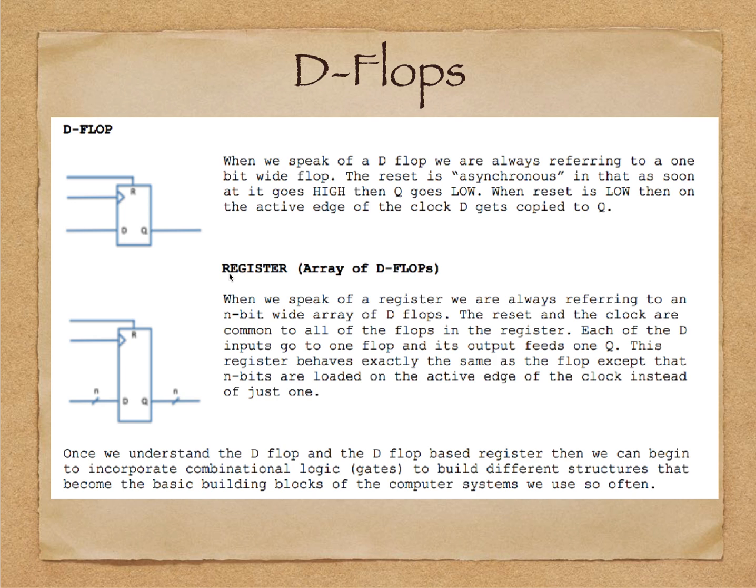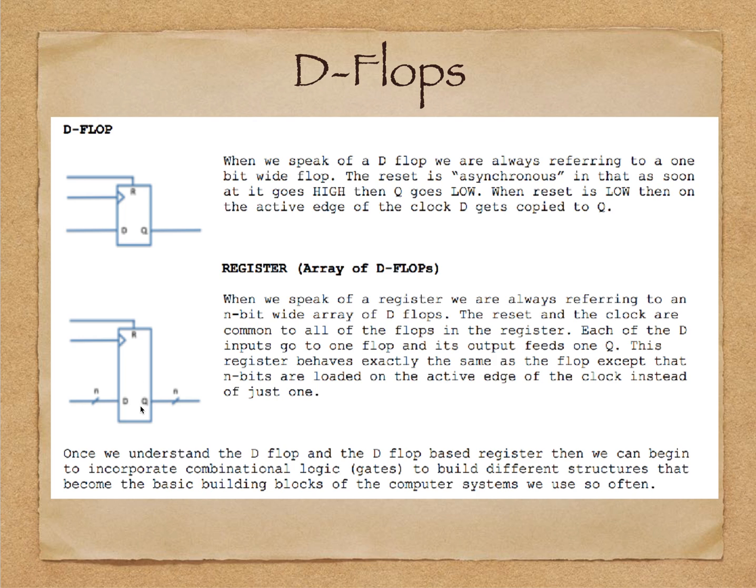A register is best conceived of as an array of D flip-flops. The reset is common, the clock is common, but the data in goes to each of the respective flip-flops and the data out comes from each of them. So in this case, what we have is an n-bit wide register.